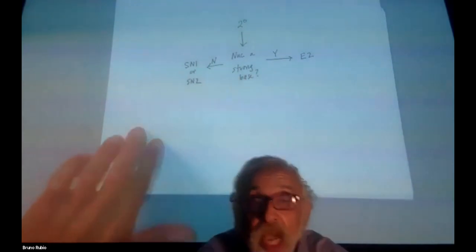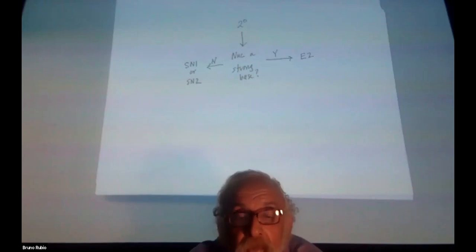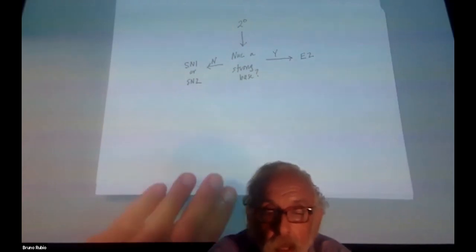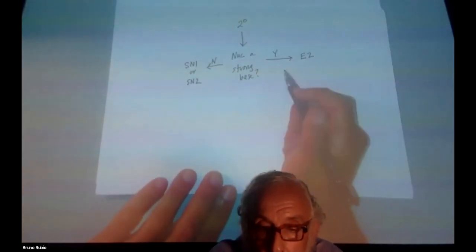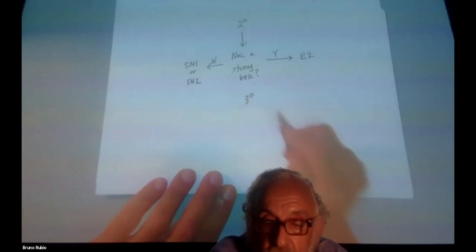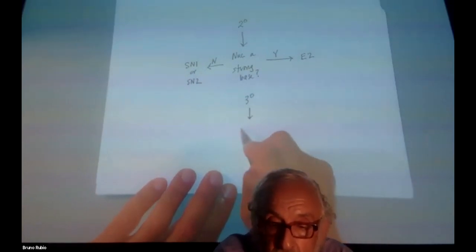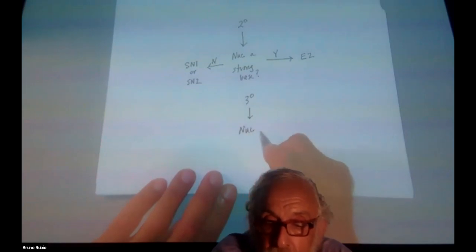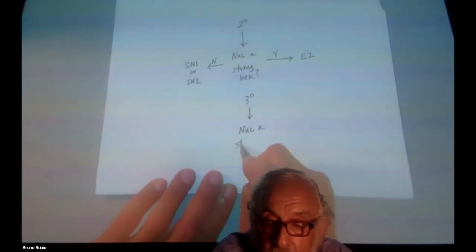It's hard to tell, but it's going to be substitution rather than elimination. So that's pretty simple there. All right, for a tertiary substrate, once again, it's going to look exactly the same. Nucleophile, a strong base.